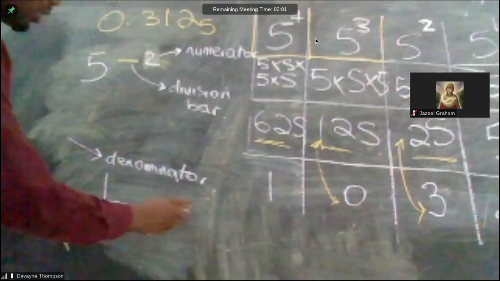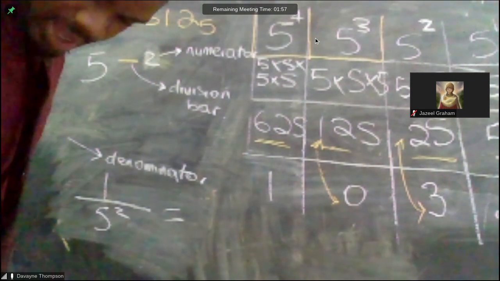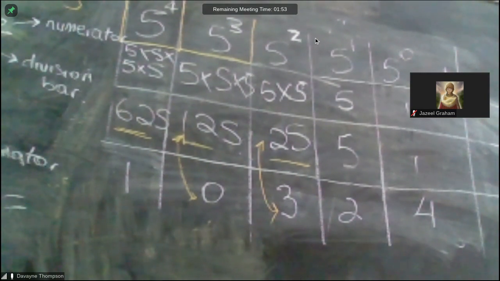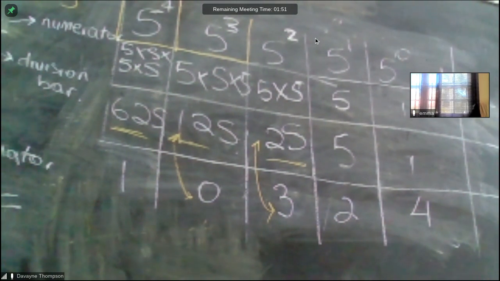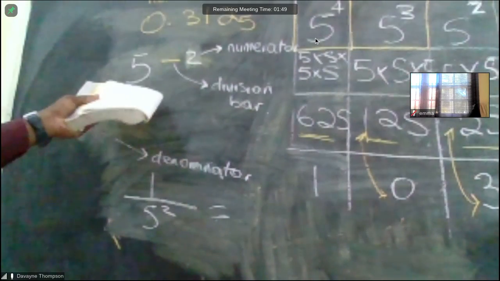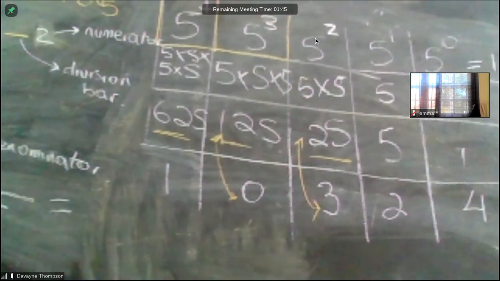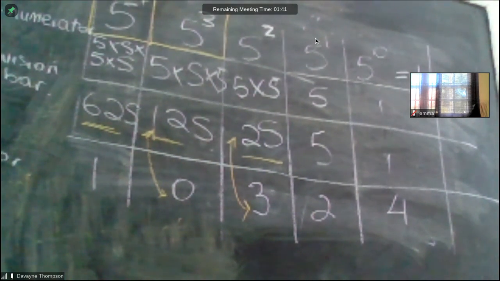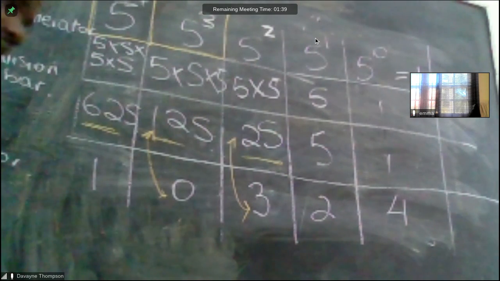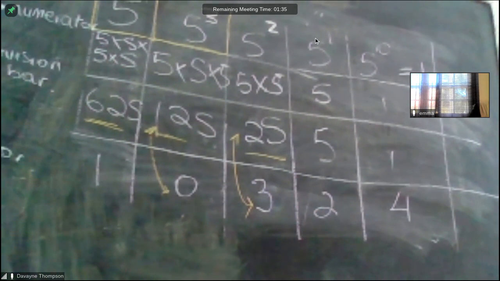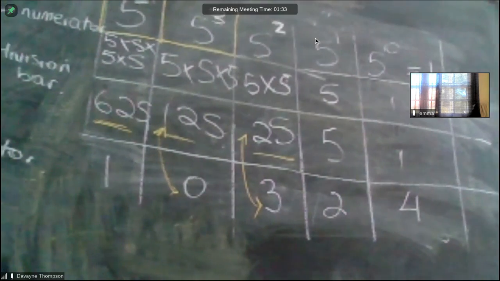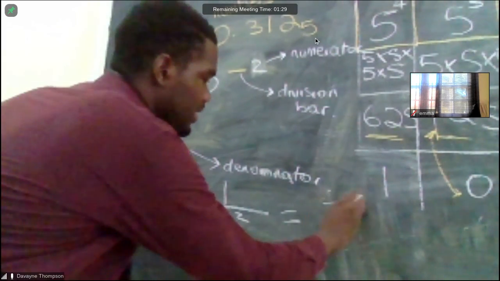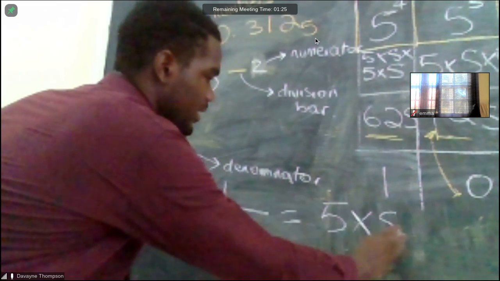So, what was 5 to the 2? Emma, look on the table. What was 5 to the power of 2? What's the answer? Remember, when we say 5 to the 2, we really mean 5 times 5.